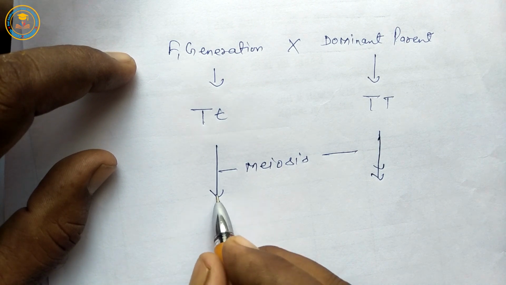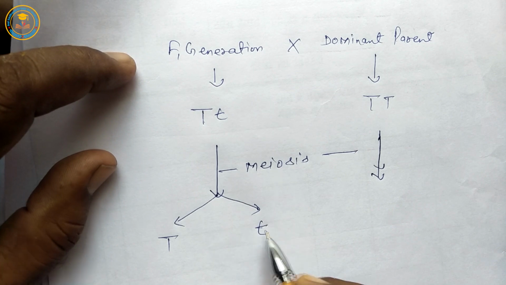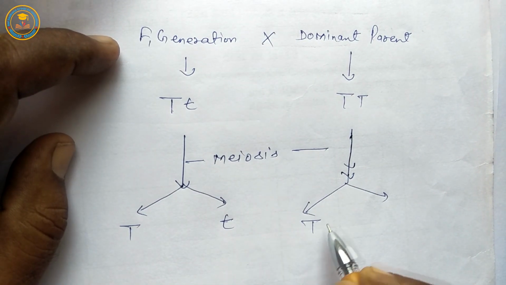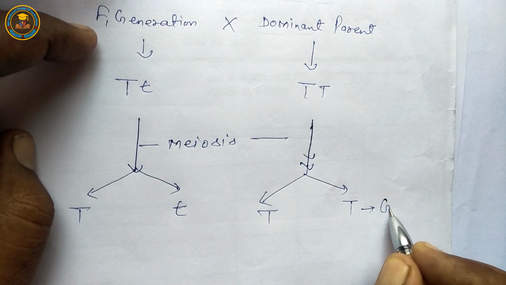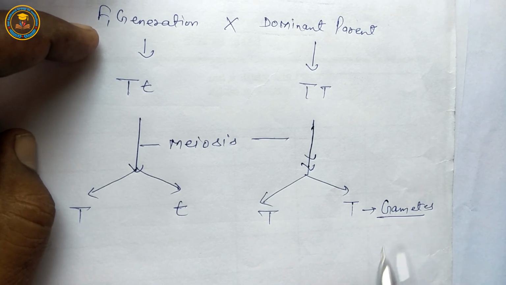So two types of gametes, first is capital T, second is small t. In this same type, gametes are capital T.